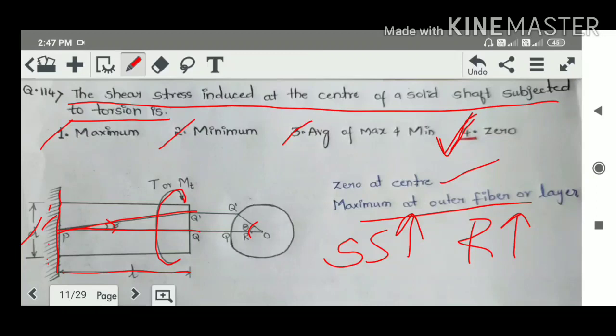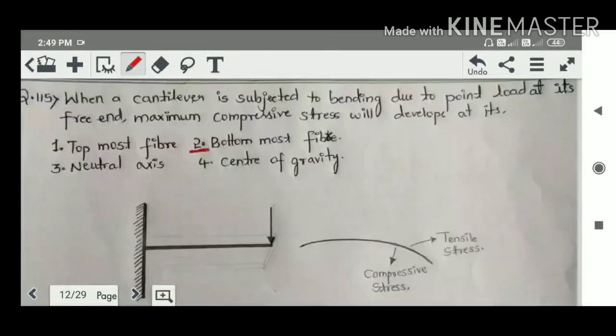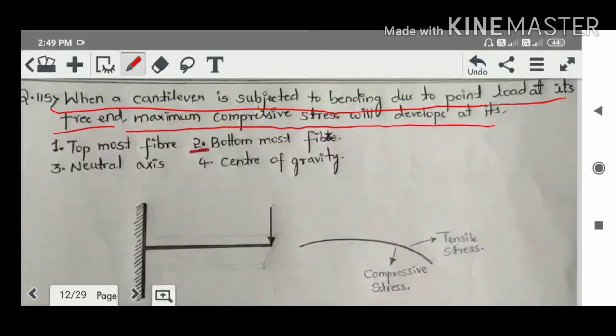Okay friends, let's move on to question number 115. When a cantilever is subjected to bending due to a point load at its free end, maximum compressive stress will be developed at its, and the options are topmost fiber, bottommost fiber, neutral axis, center of gravity. Okay friends, as you can see here, this is the cantilever beam fixed at one end with a point load at its free end.